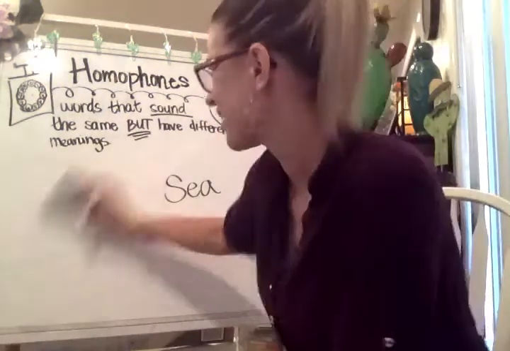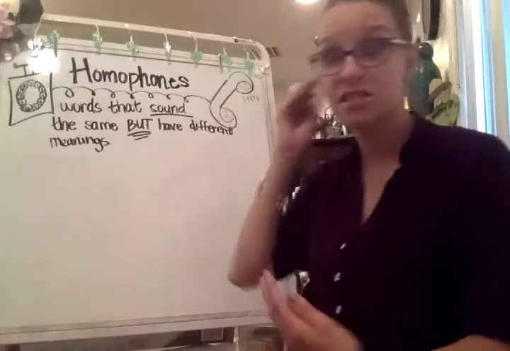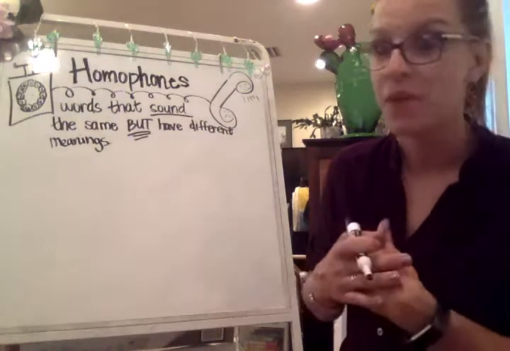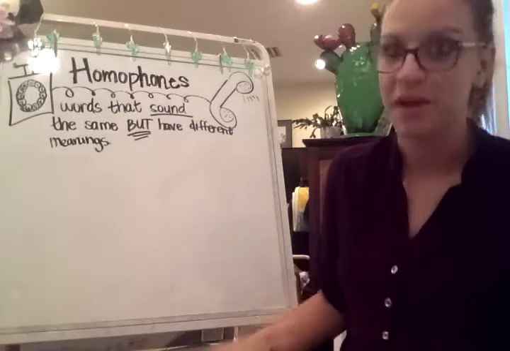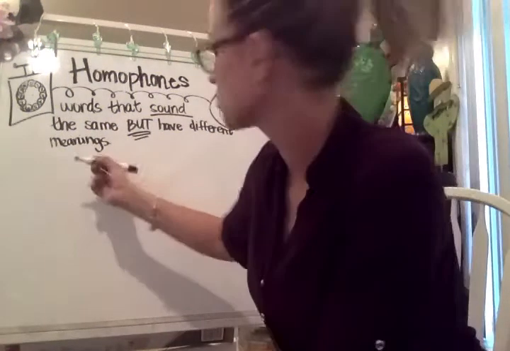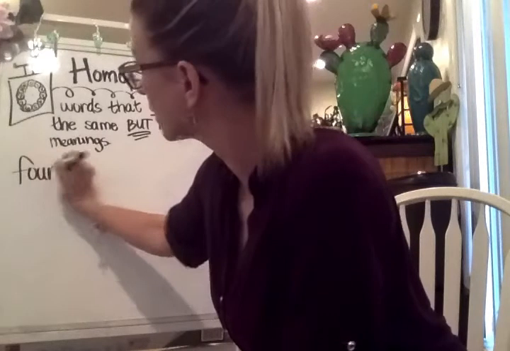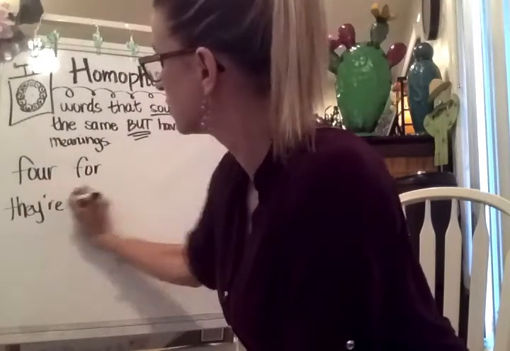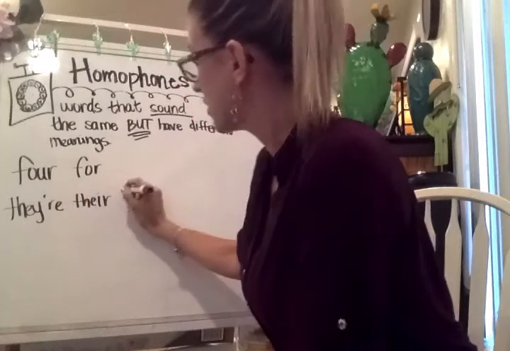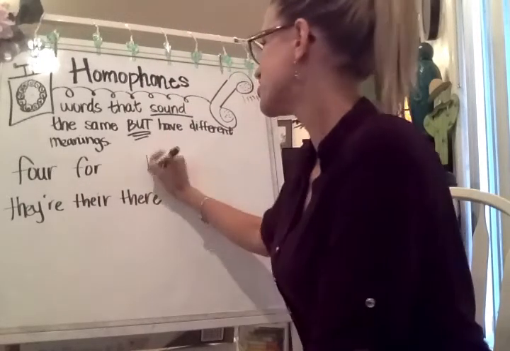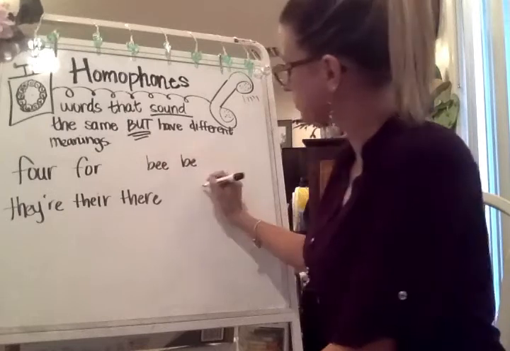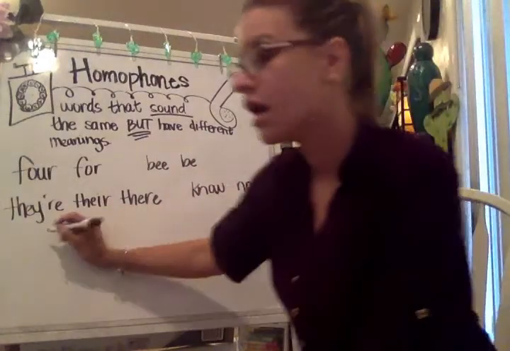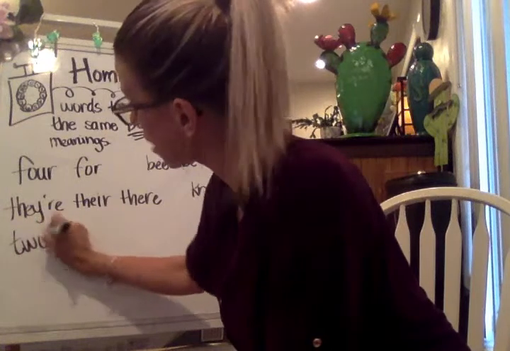I'm going to write a couple of pairs up here just so that you can see them together. And then I have another sheet with a few practice sentences that we can identify the pairs of homophones. So we have for and four. We've got all of those theirs. There, and there. We just did be and bee. No and know. Two we did not talk about.